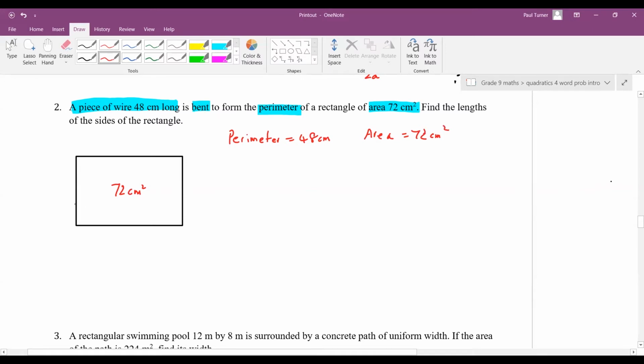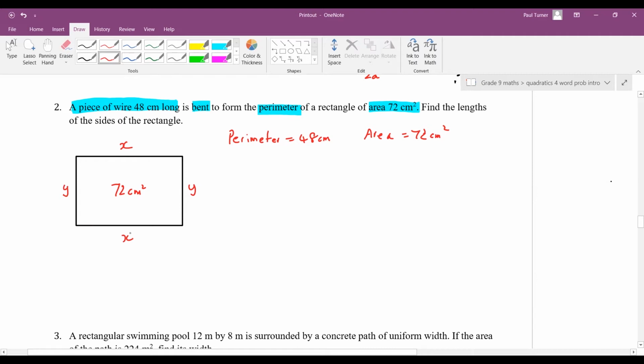Now, we don't know what this length is, and we don't know what the width is. So let's call the length x here. And let's call the width y, okay? It doesn't matter which is which, you'll get the same answer. So if this length is x, this side is also x, isn't it? And if this side is y, this side is also y.